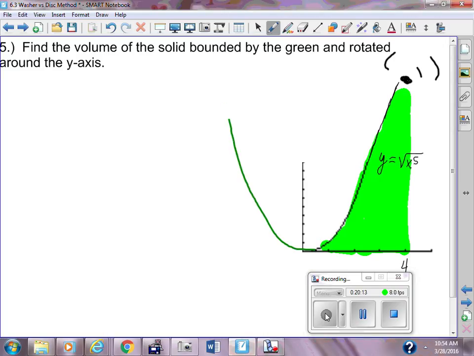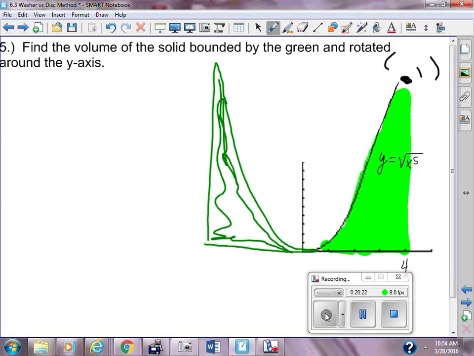Hopefully your picture looks something like this. It's just the green that is rotated out like that. Do you all see the white space? So definitely you do have washers on this one.